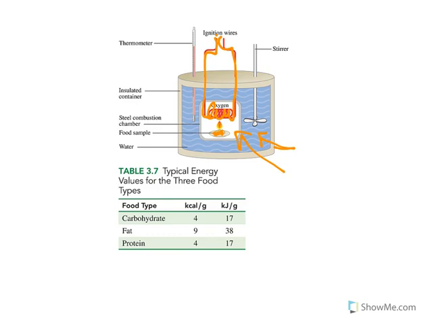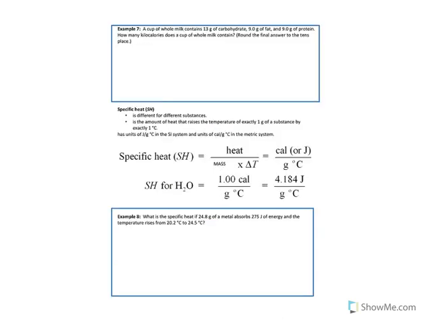Nowadays, we have a set number of values. We say that there are 4 kilocalories per gram for carbohydrates, 9 kilocalories per gram for fats, and 4 for protein. However, before we came to this value, we used to use calorimeters to determine these values.